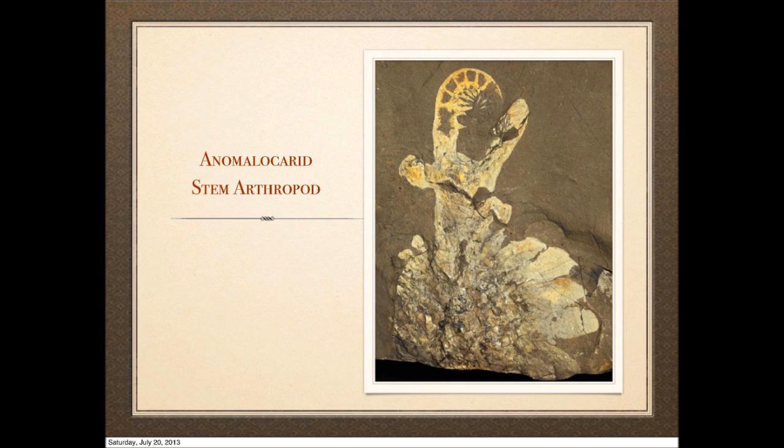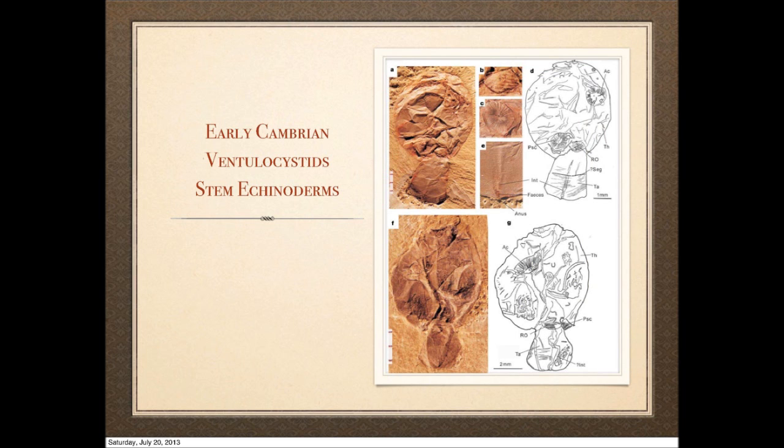And there wasn't really any understanding of where the echinoderm anatomy came from until this discovery, again in China, of a soft-bodied stem echinoderm. It doesn't have the calcite plates characteristic of modern echinoderms, but has incurrent and excurrent pores and other structures that place it close to that group.